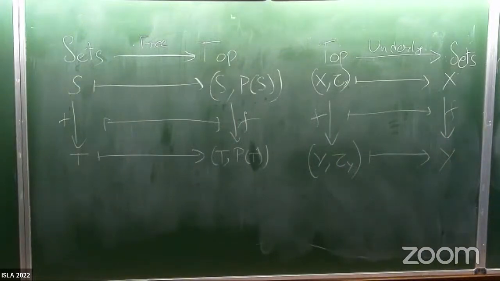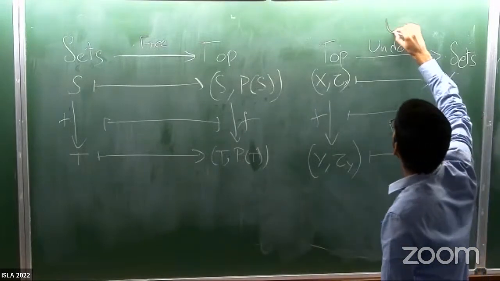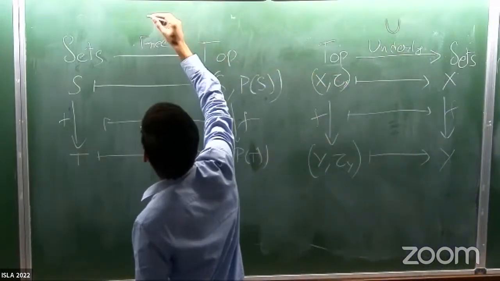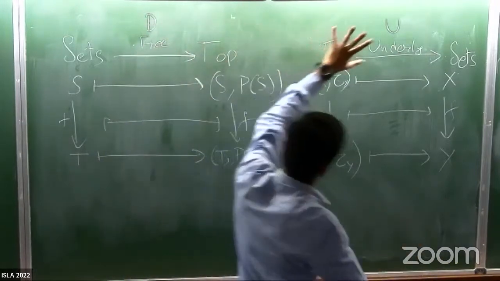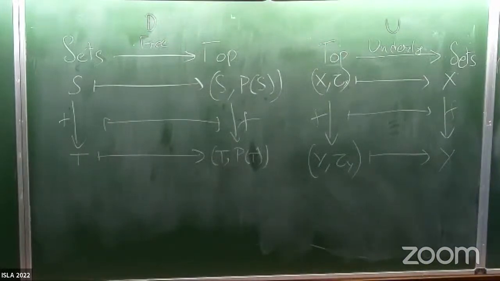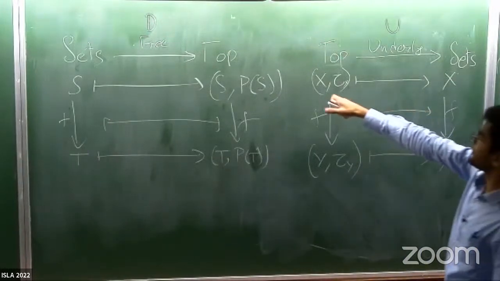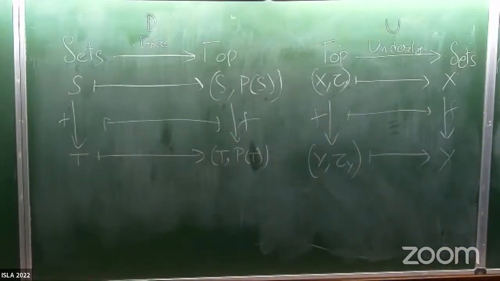So suppose you have a set S. For shorthand, I will denote this as U and this as, say, D for discrete topological space. That's just notation. So suppose I have a set S and I have a topological space X. I'm looking at its underlying set, U of X with tau X, which will just be U, and this is in Sets.